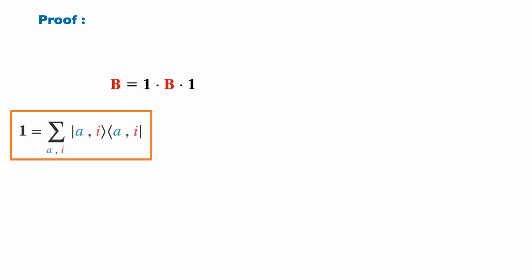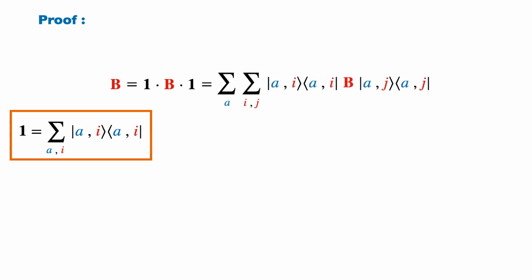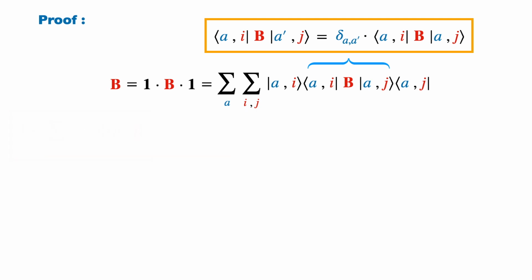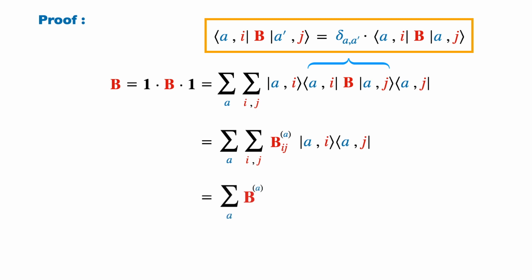Let's expand B by inserting the resolution of identity derived earlier. We obtain the following ket-bra representation. Notice that the matrix element of B is diagonal in A. This is due to the previous result. So A' is equal to A, and we only need to sum over A. Therefore, this matrix element can be denoted by B^(A)_ij.